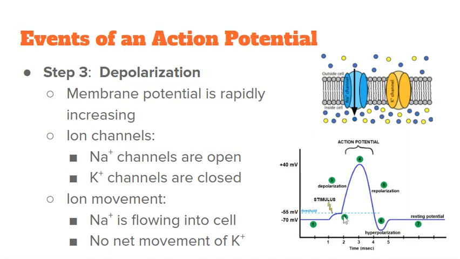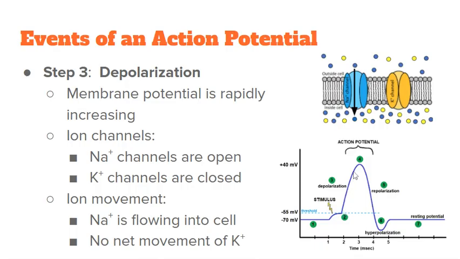All right, so if it reaches that threshold of negative 55, then it's going to go to town. The action potential is going to happen. There's no stopping it. So step 3 we call depolarization. It's becoming rapidly depolarized, rapidly becoming more positive. Right? Membrane potential is rapidly increasing. We started at negative 70.